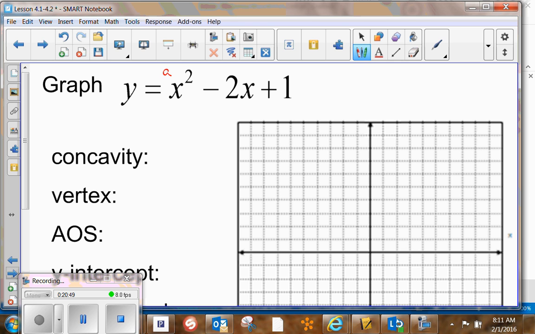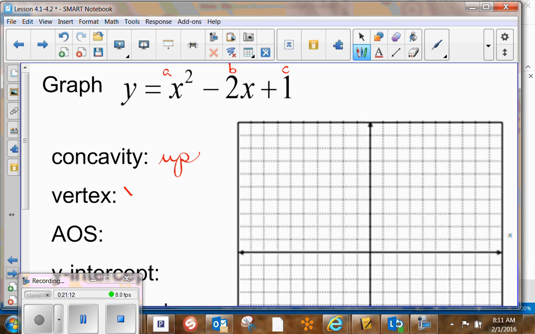Concavity. Look at me. Up or down. Ooh, vertex. Okay, that's that little formula. You see the vertex not staring at us in this form.